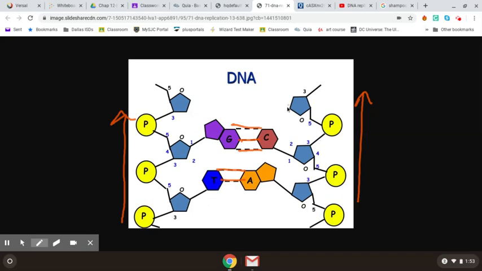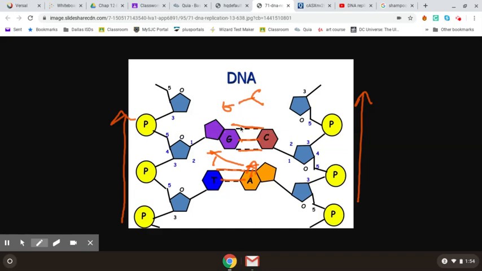If I flip this upside down, or right side up, whatever you want to say, if I made them both go in the same direction, the G would be slightly lower than the C, and the A would be slightly lower or higher than the T, and they would never meet up properly.